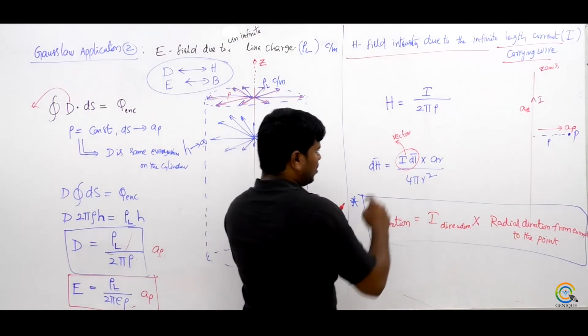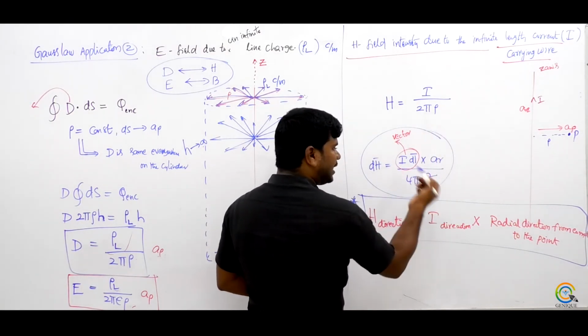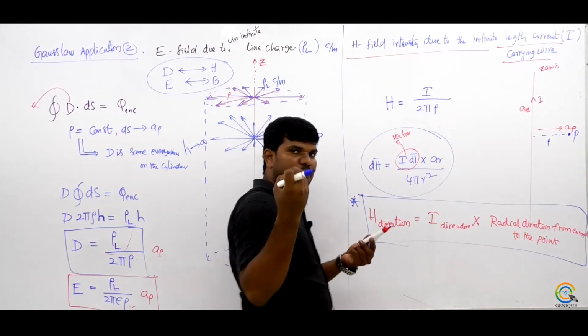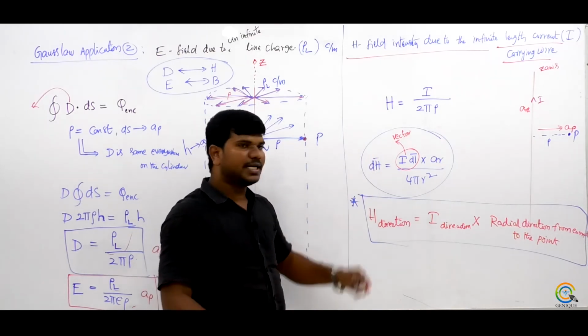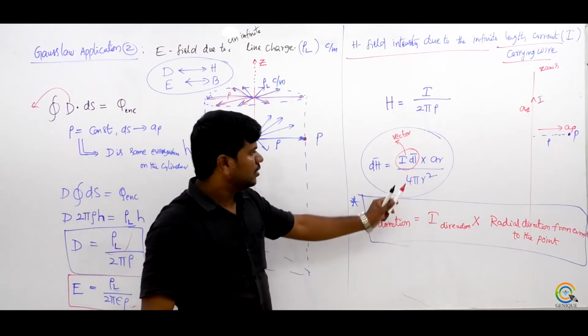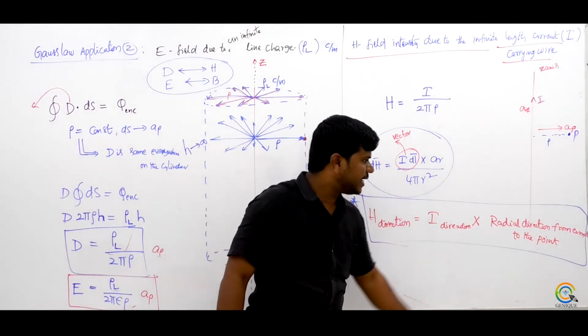From this we can find the direction also. Biot-Savart's law gives you the magnetic field intensity due to the point current element, and also it will give you the direction. Now the H direction is equal to the current direction cross the radial direction.